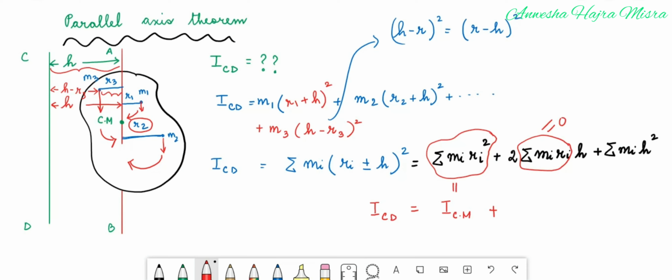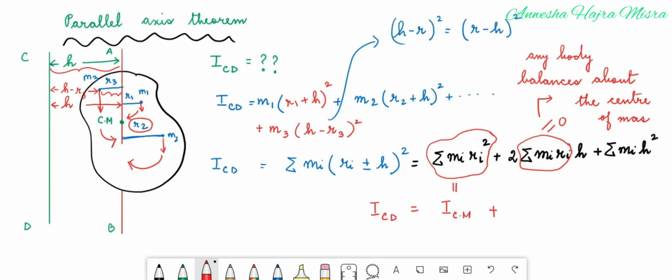So mi ri is 0 since any body balances about the center of mass. So about the center of mass, net clockwise moment equals net anti-clockwise moment. So summation mi ri is 0.